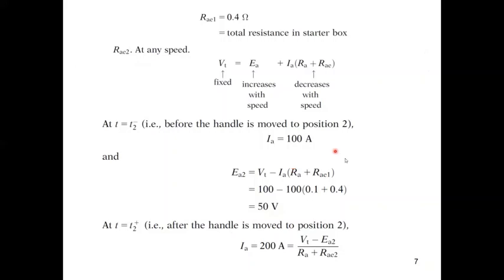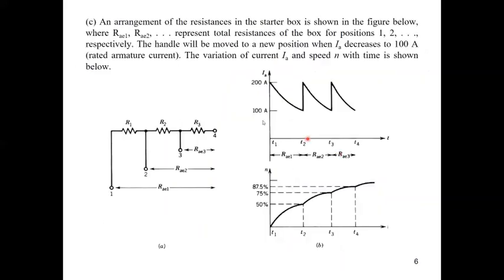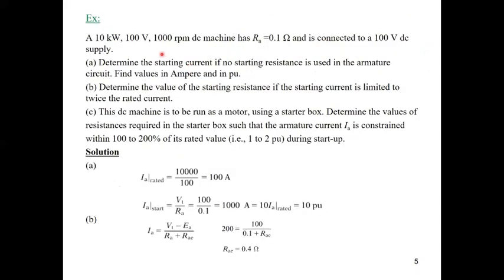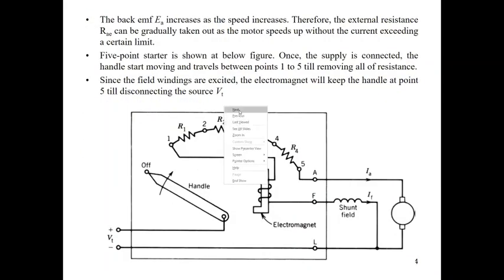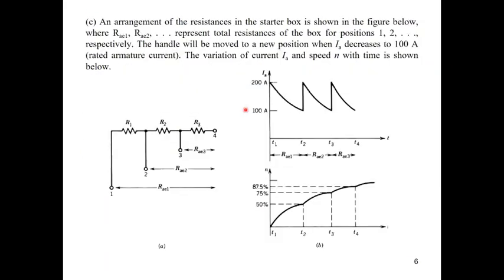At full load, if we go to the nameplate data of the machine, it's written here 1000 RPM at rated. So we have the speed, we can calculate K5, we can calculate E at rated, we have the rated current, we have the terminal voltage, we can calculate E or back EMF, and simply calculate K5 based on the rated speed. And then we can calculate speed at each instant based on the value of the calculated EMF.